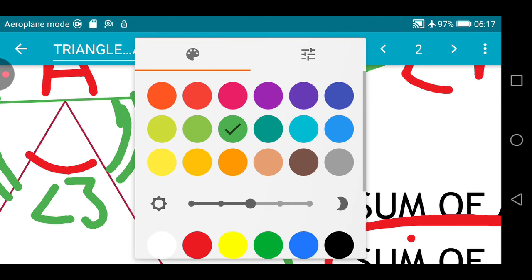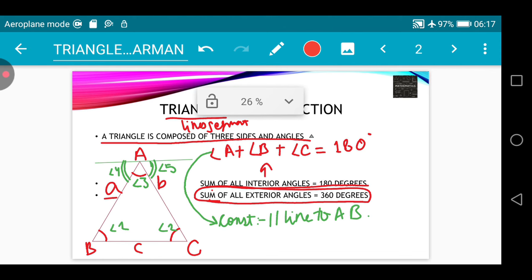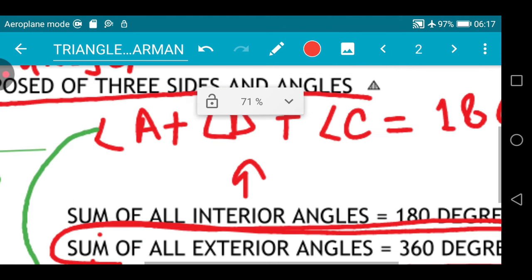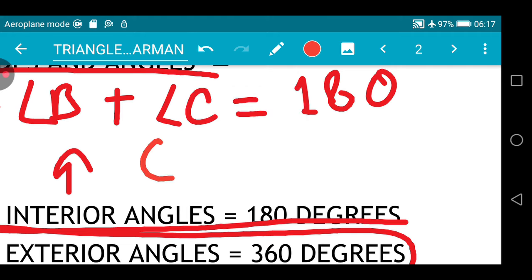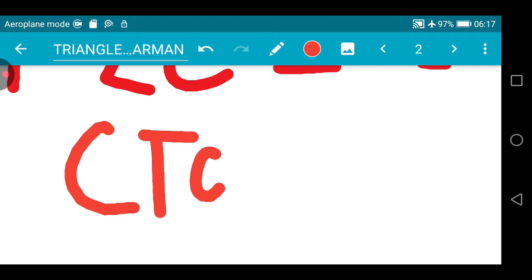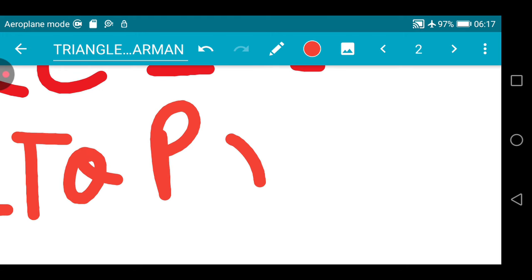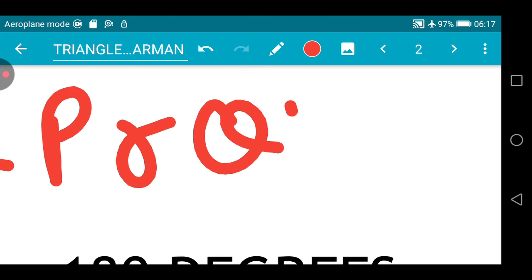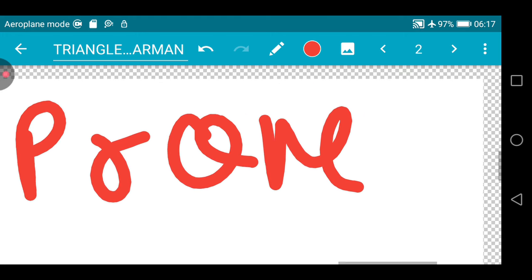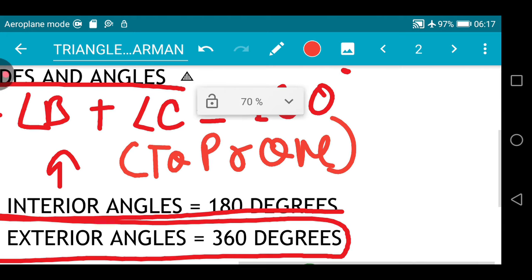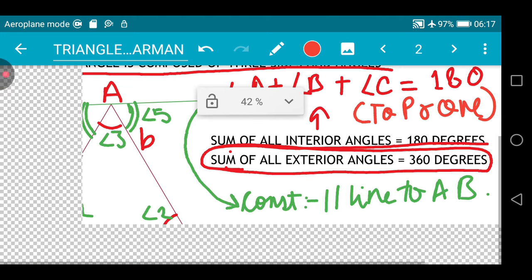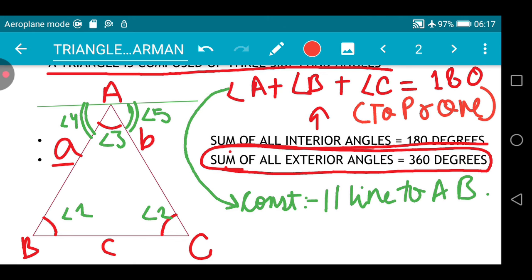This much is clear. So what we have to prove: angle A, angle B, angle C, that is, angle 1 plus angle 2 plus angle 3 should be 180 degrees. This we have to prove.